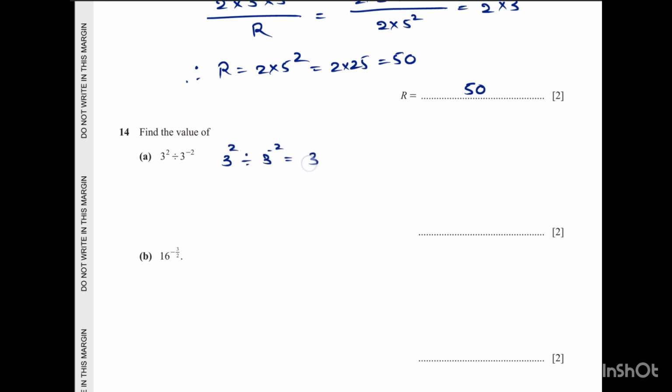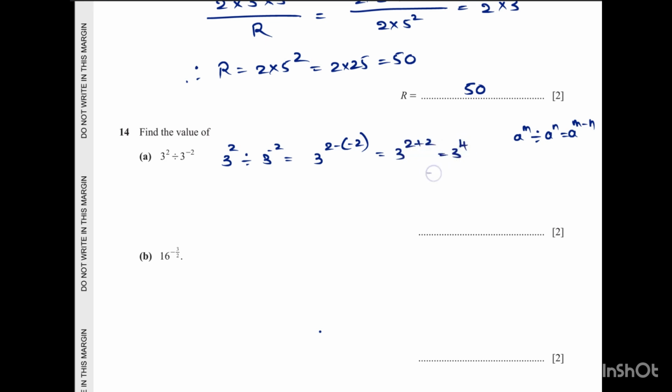When you are dividing, you can directly use the rule a raised to m divided by a raised to n, that will be a raised to m minus n. So this will be 3 raised to 2 minus of minus 2, so 3 raised to 2 plus 2, that is 3 raised to 4.